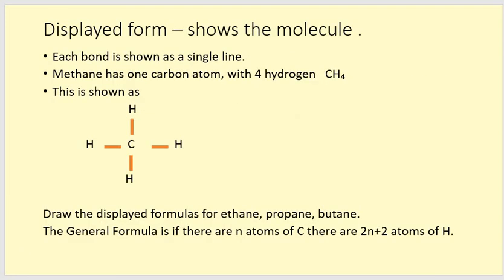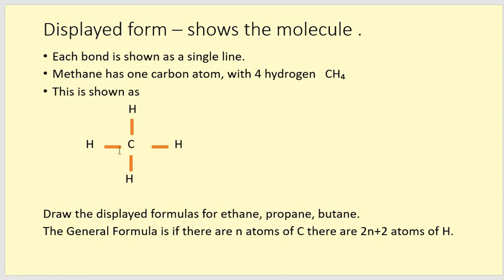Now this is the slightly tricky bit, but pay careful attention, it won't be too tricky. All you need to remember is that each single line here is a single bond. And you already know that carbon can make 4 bonds and hydrogen can make 1. So hydrogen can only join to one thing, carbon can join to 4. So here we've got a molecule of methane.